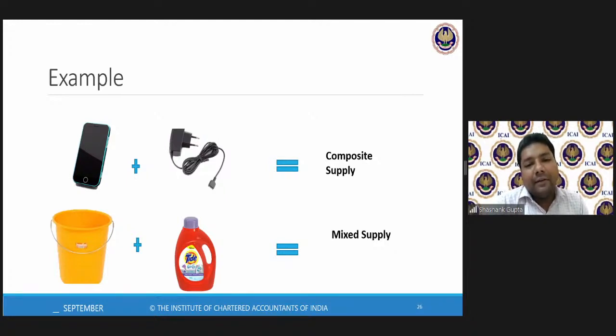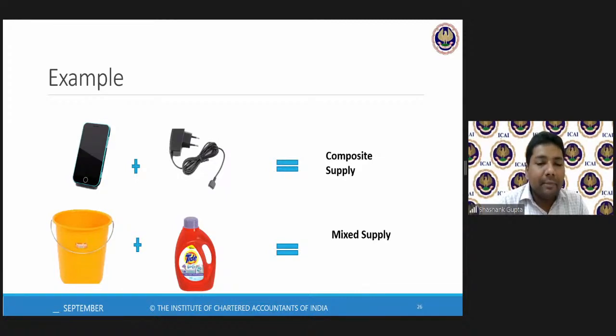Now, bucket with a tile. So this, I'm sure, has come from some wonderful lady. That bucket with tile, it's a mixed supply because generally, often they're sold without any conjunction. But here they're showing it as bucket with tile.